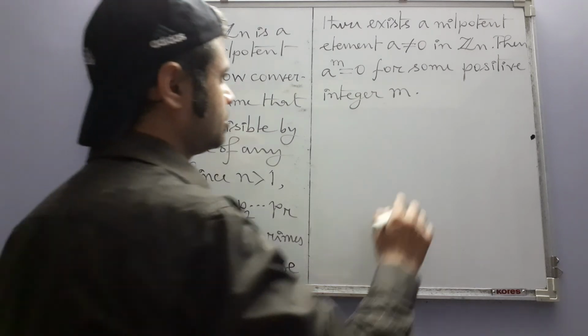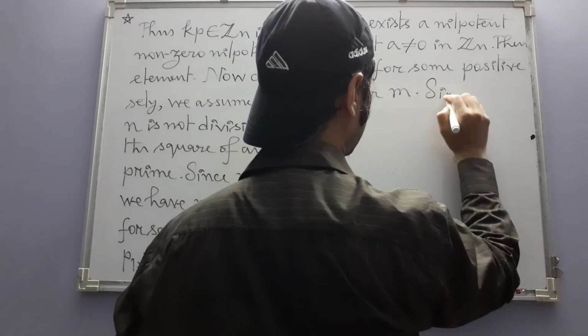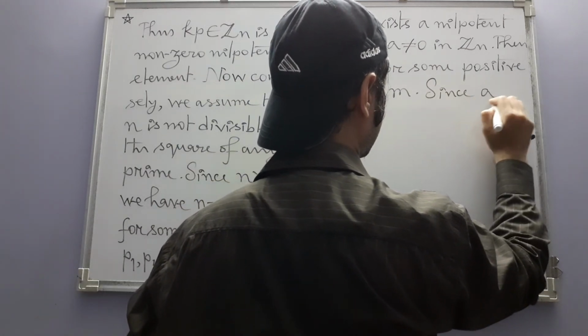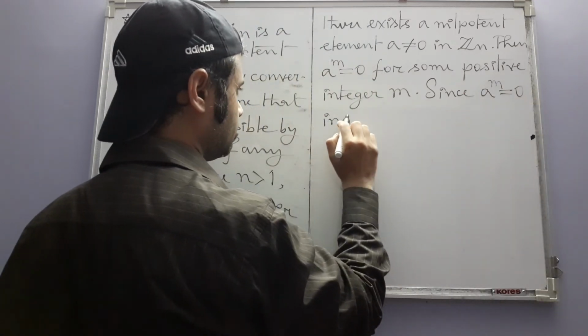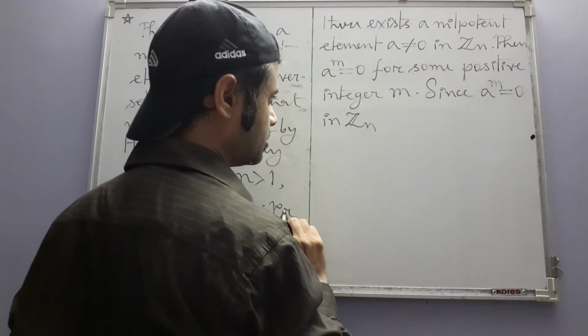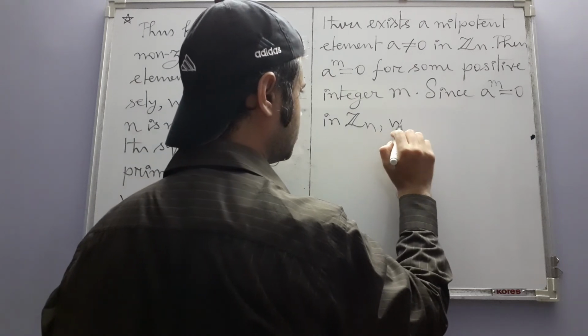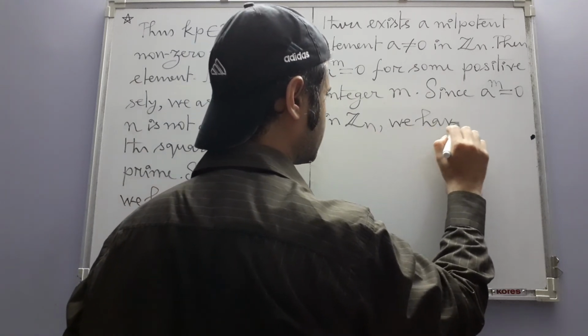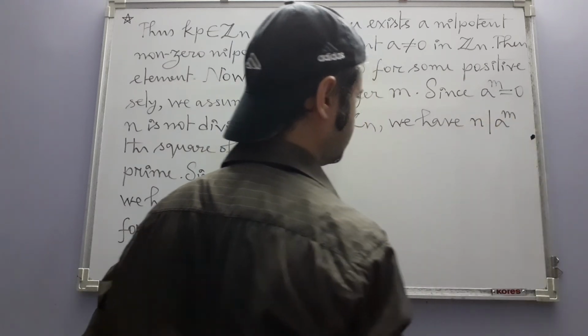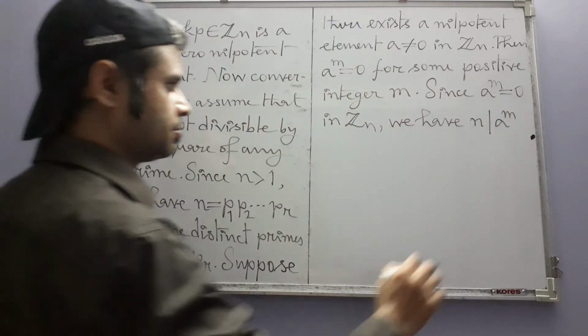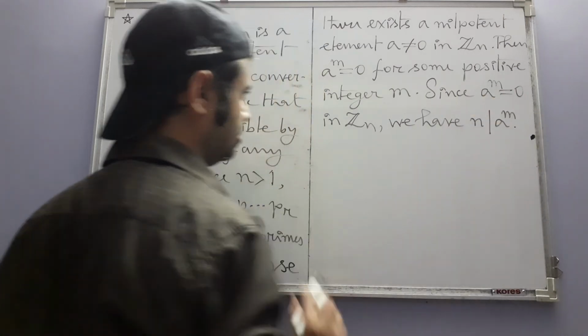Since this is equal to 0 in the modular ring Zn, we have n dividing the integer a to the power m. That's what this actually means.